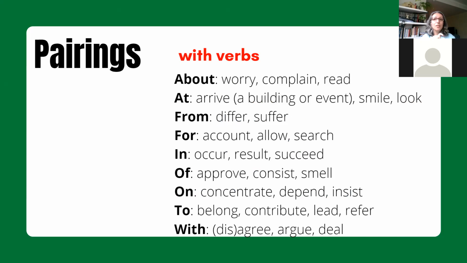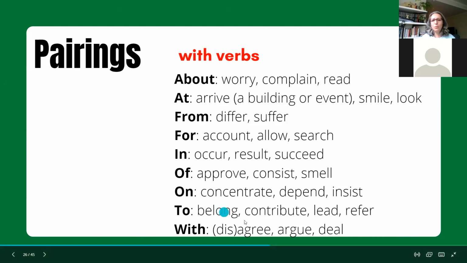But if I say she was diagnosed with dementia, so now even if we switch it around, switch the meaning, then we need a different preposition. So those are just logical prepositions that go with specific verbs. Something belongs to something, we contribute to or towards something. We refer to something. We don't refer on or for or in.